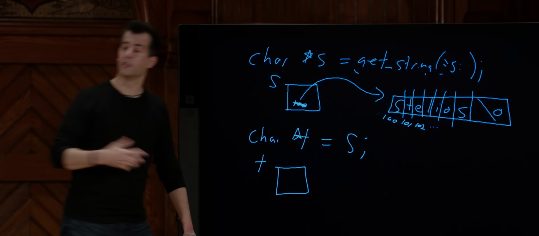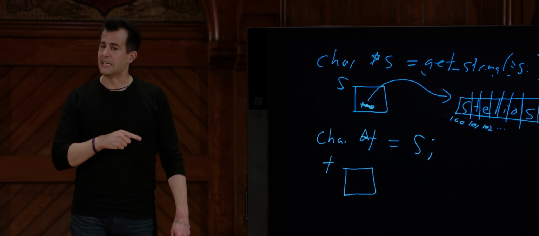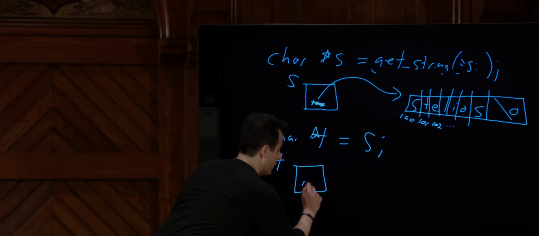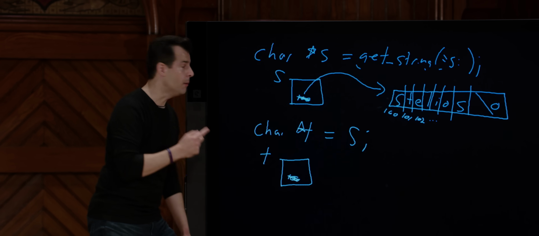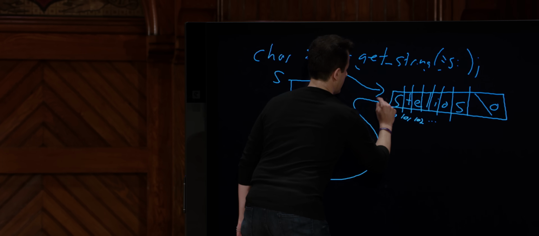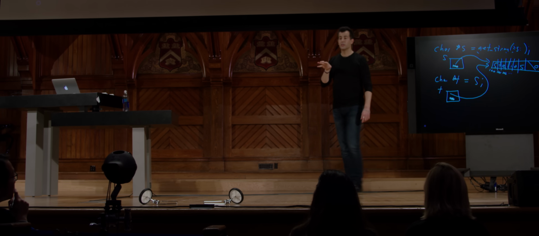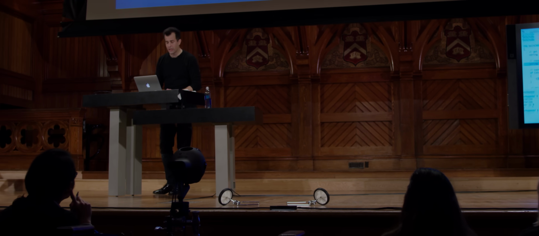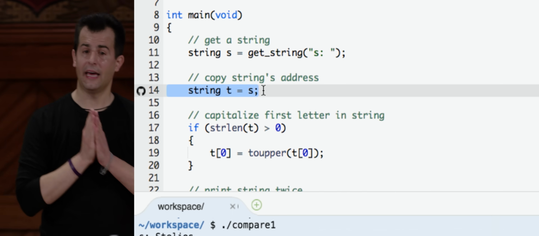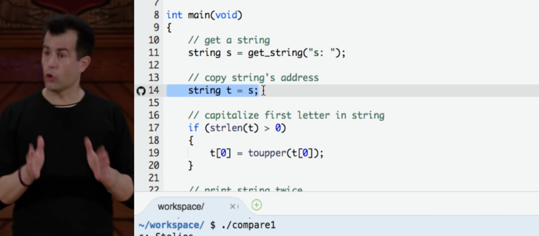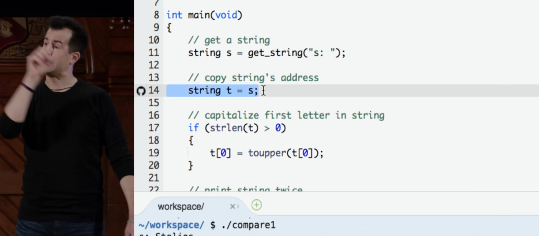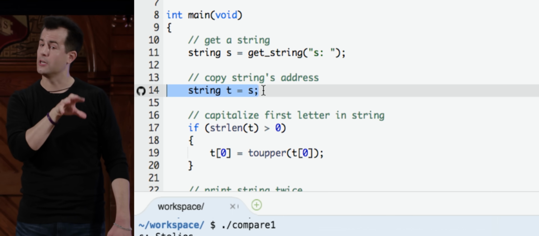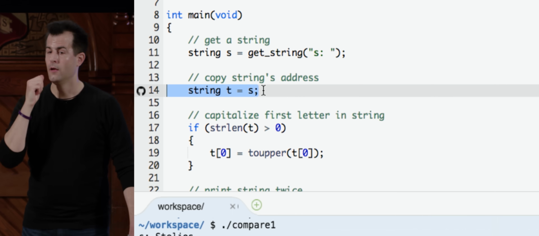We can just draw pictures at this point. What is in t? The same thing. It's also 100. Conceptually it's the same thing. So at this point in the story, when I have written string t gets s, it is working correctly. It is copying what's in s and putting it in t. But what's in s is an address, and so that's therefore the same thing that's going to be in t. Yeah?